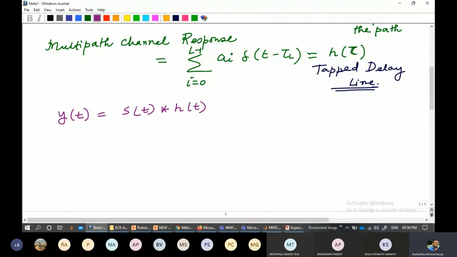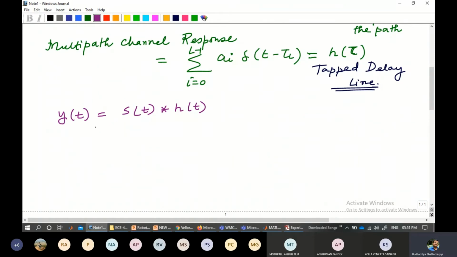I'm not going into much detail because this is supposed to be known; you can refer to it later. This is where we substitute the transmitted part, and this is where the channel response comes in. This gives us an output, which is over here.